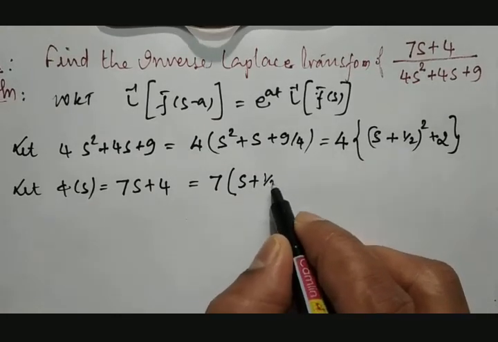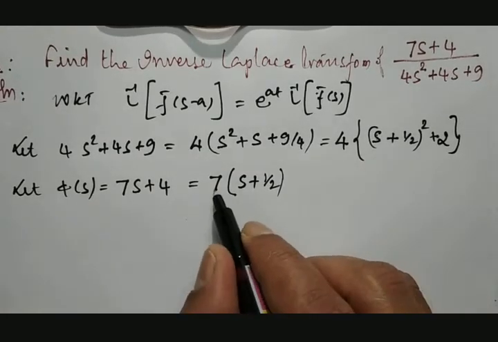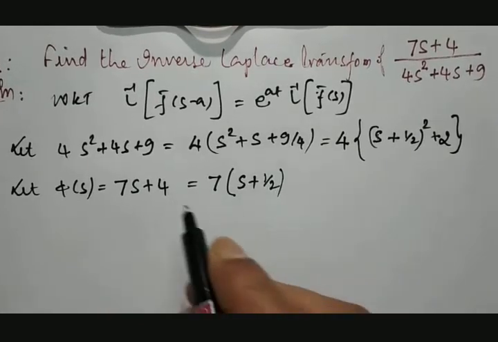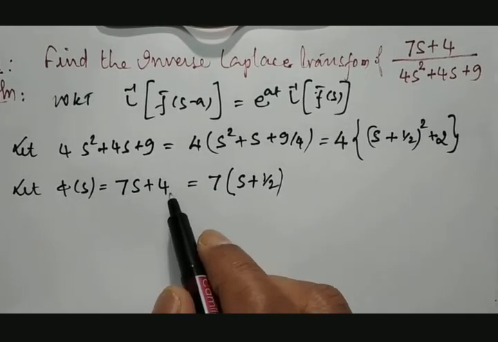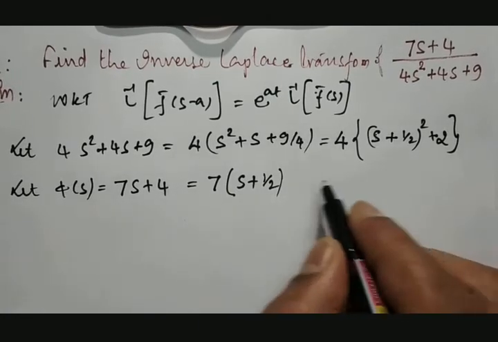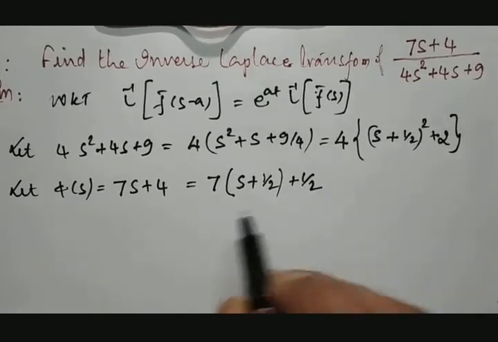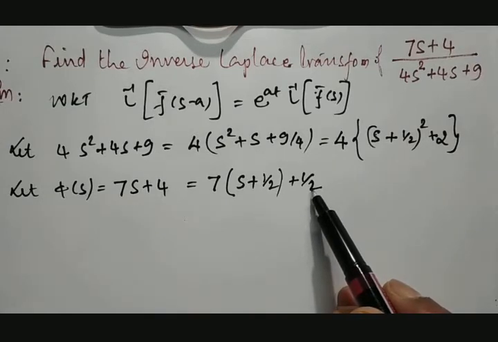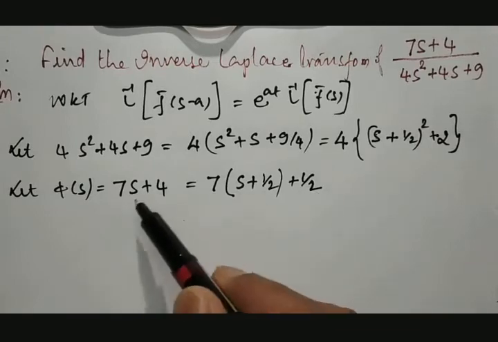If I take s + 1/2, then 7 times s is okay, and 7 by 2 is 7/2, but I need 4. So if I add 1/2 again, 7/2 plus 1/2 is 8/2, which is nothing but 4 again.